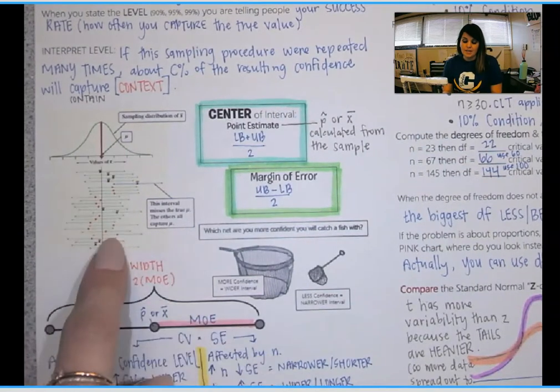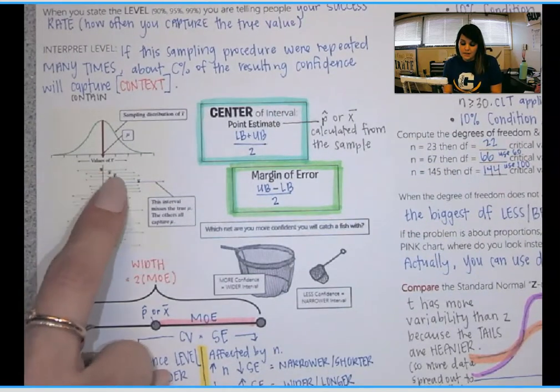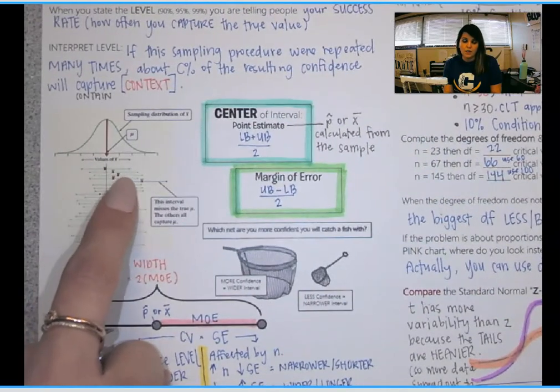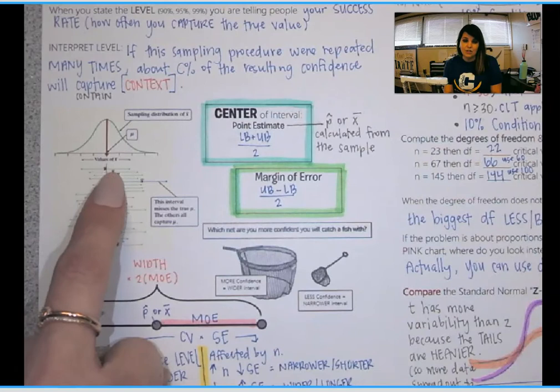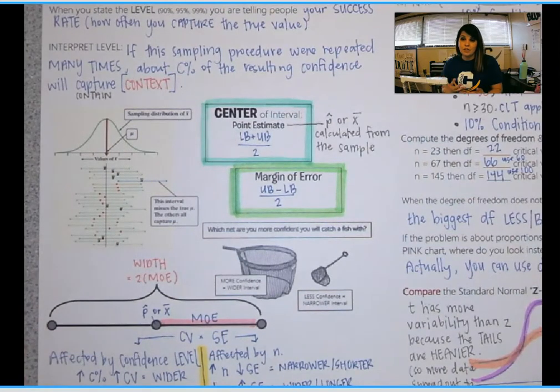And in this case, I think it's something like 96% of our intervals capture the true value. So we have a 96% confidence. Added in at the center is just a little x-bar. It's just trying to reinforce the idea that the center of your confidence interval is the average that you calculated from the sample that you have, or the proportion that you calculated from the sample that you have.